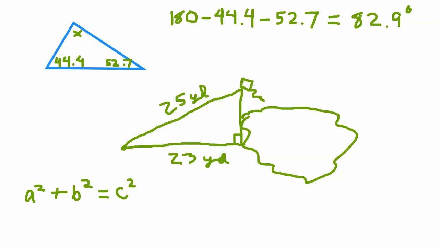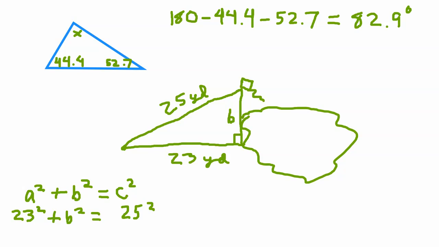So in our problem, we have the 23 side, and we have the longest side called the hypotenuse. So we can fill in those amounts, but we don't know this height right here. We'll call it side B. Now we can fill in the numbers that we know.